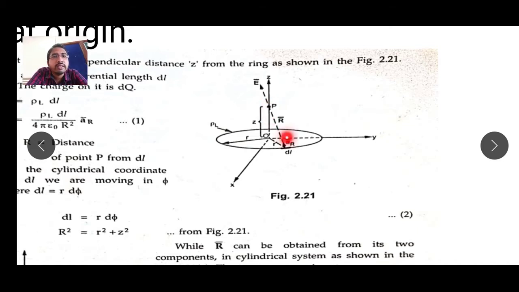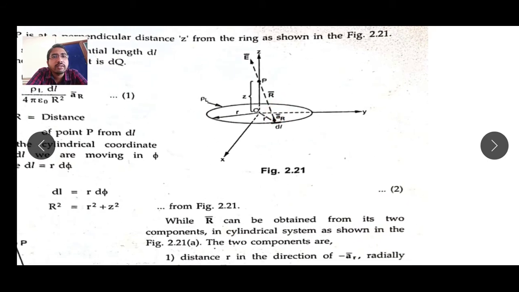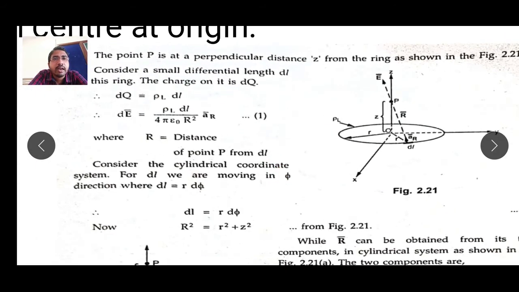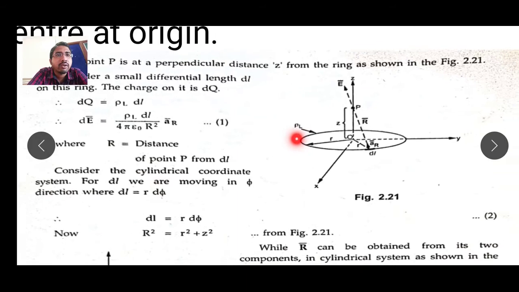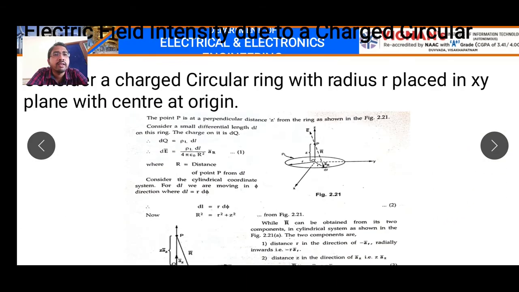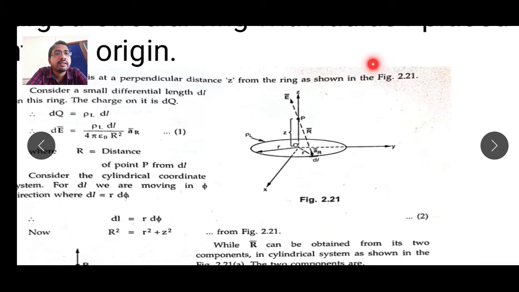So what is the distance r bar? You find r bar, and r bar by mod r bar will give you the unit vector. Also here I will consider a cylindrical coordinate system. Assume that a cylinder is placed along this circular ring with radius r.